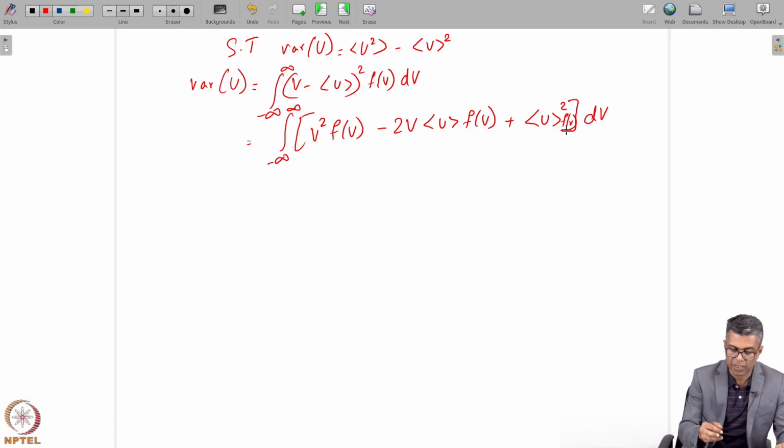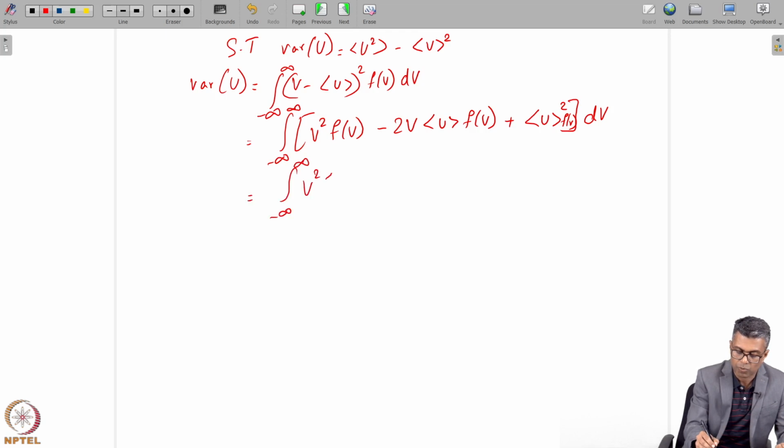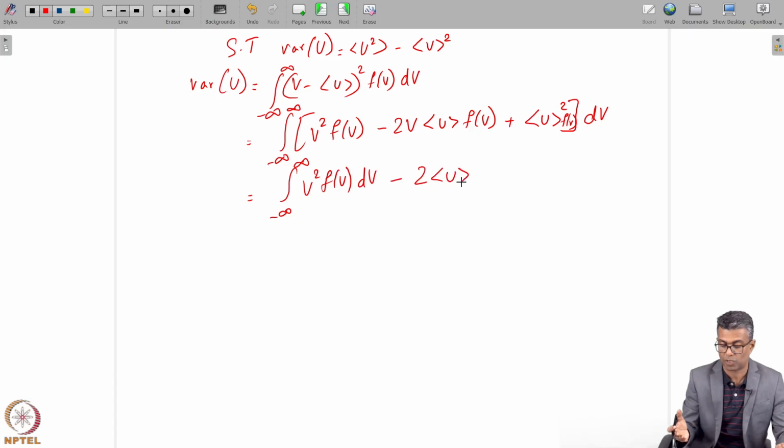Now I split each integral. So I will have the integral from minus infinity to infinity of v squared f of v dv. That's a separate integral. Minus 2, and U mean can come out because it is a constant, the average of velocity. Then I'll have the integral of v f of v dv. That's my second one.